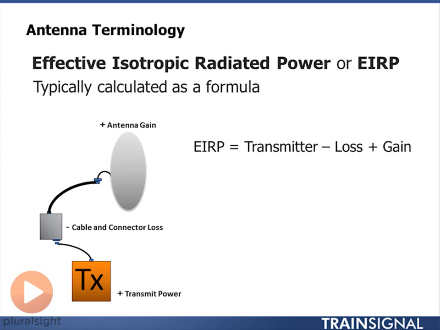Then my effective isotropic radiated power would be my transmitter, which was 20 dBm, minus my cable loss, which was 1 dB, plus my 15 dBi antenna gain. So 20 minus 1 plus 15 is 34 dBm.